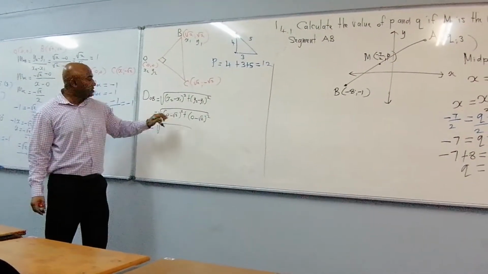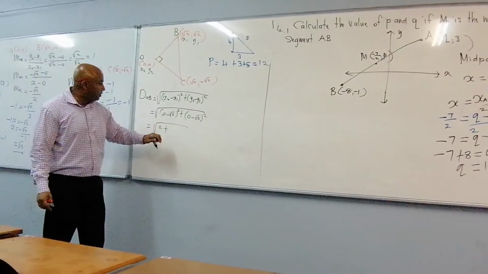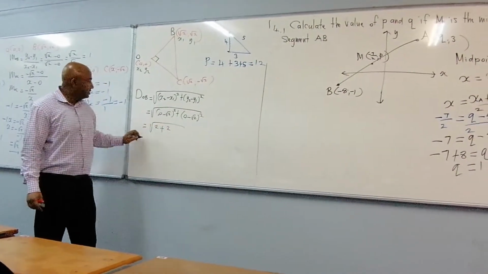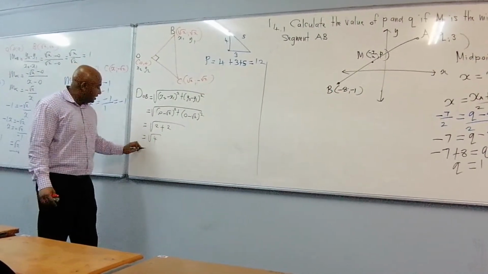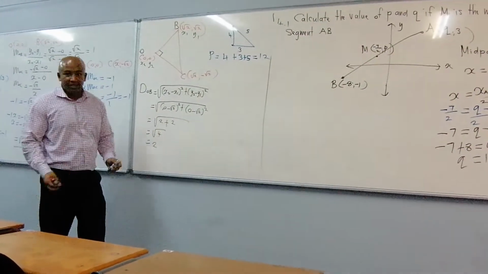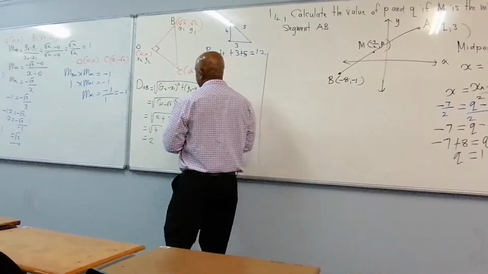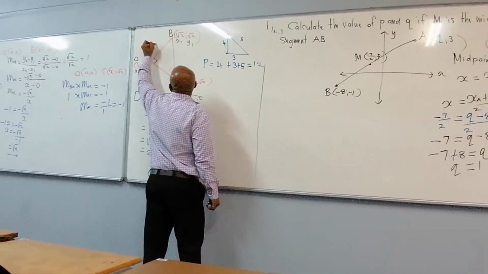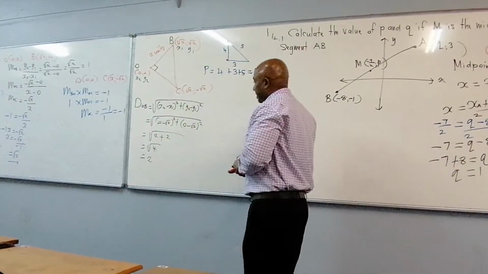So that's minus root 2 squared, which is 2, minus root 2 squared, which is 2 again. So we get the square root of 2 plus 2, which is 4. The square root of 4 is 2. So this distance here is 2 units.